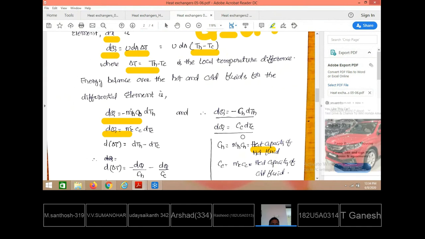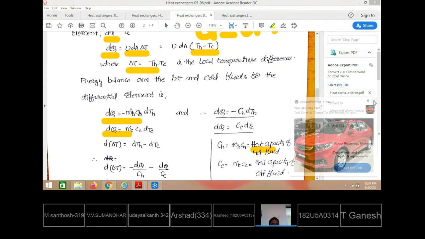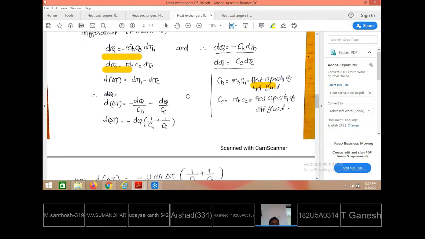Capital C represents heat capacity, and small c represents specific heat. Mass flow rate into specific heat gives the heat capacity. As I have mentioned here, capital C is different from small c: small c represents specific heat, and capital C represents heat capacity.